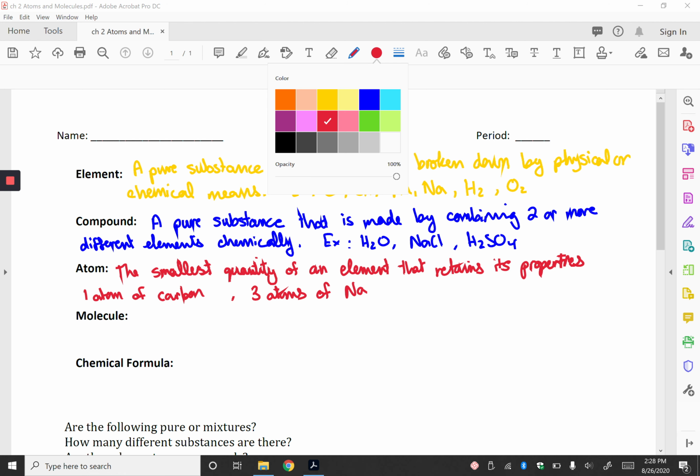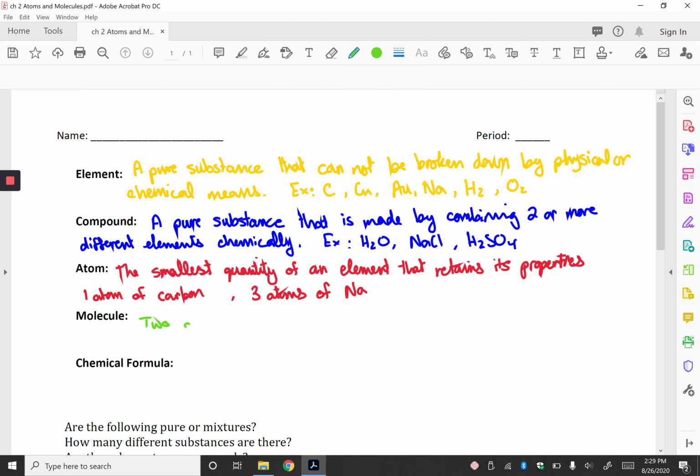Okay, next one is molecule. So a molecule is when you have 2 or more of these atoms bonded together chemically. And they don't have to be different elements bonded together. The atoms could be of the same element.